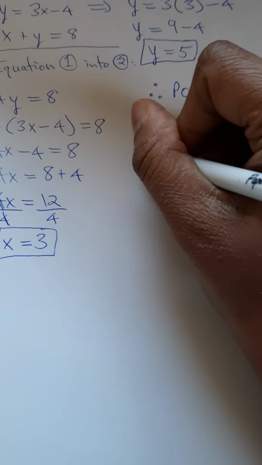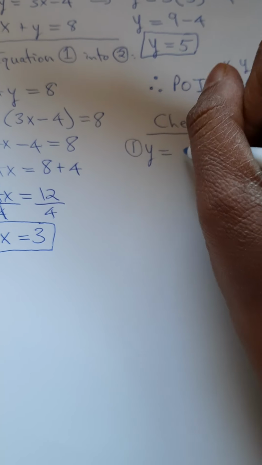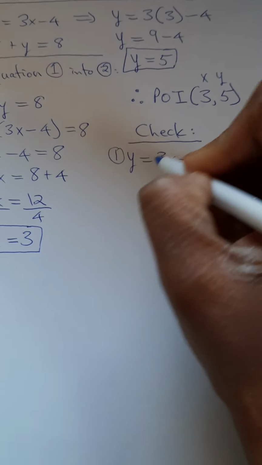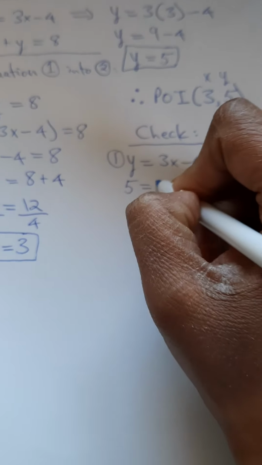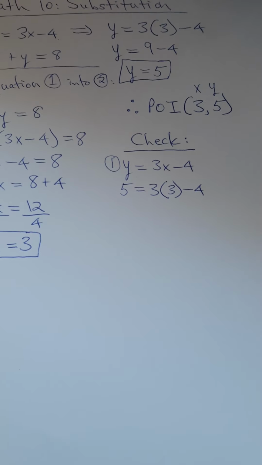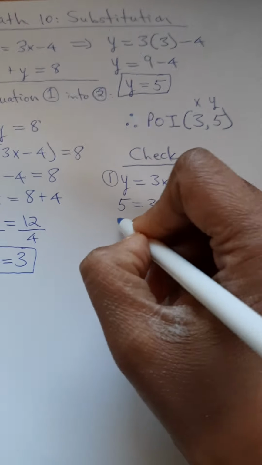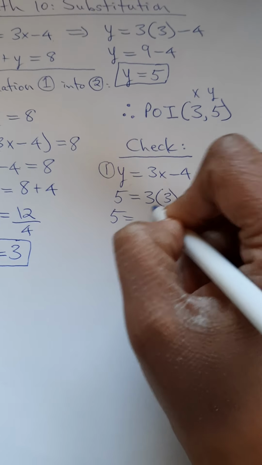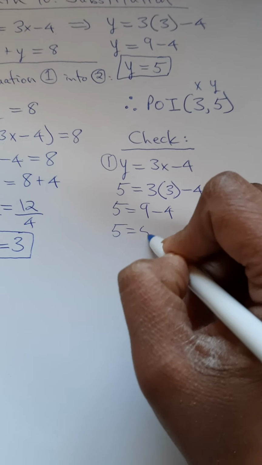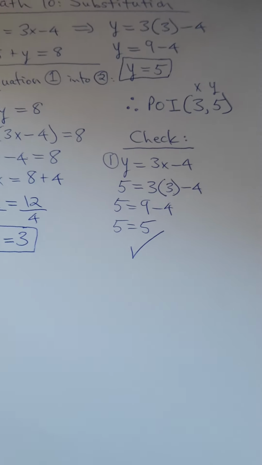It's y equals 3x minus 4. The y value is 5 and the x value is 3. So I'm just substituting it inside here. So 5 equals 3 times 3, so 9 minus 4, which is also 5. So 5 equals 5. So we'll put a check mark there.